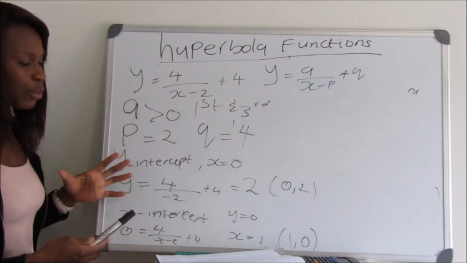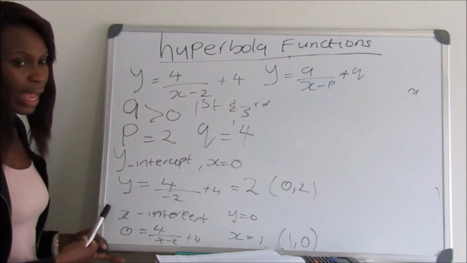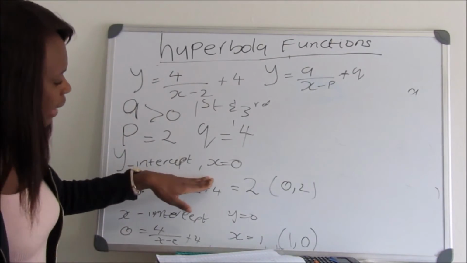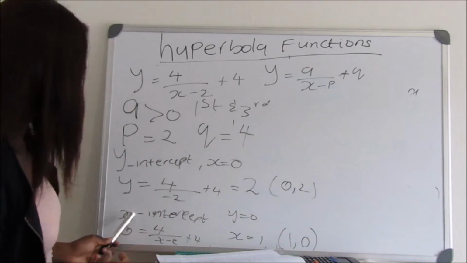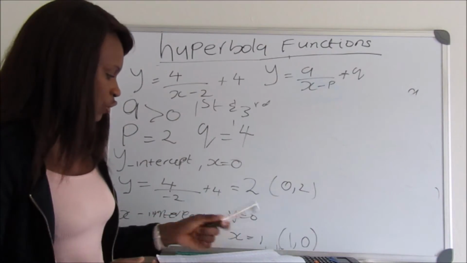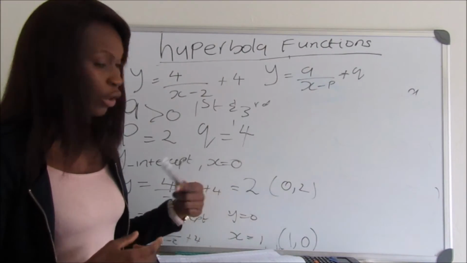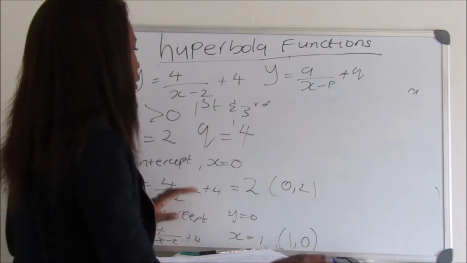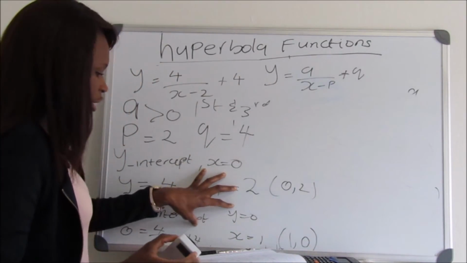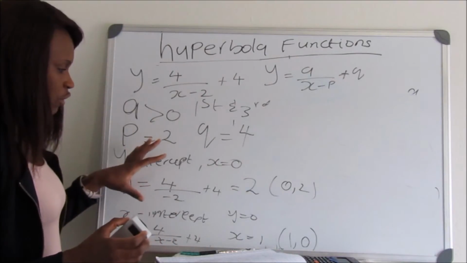Like any other graph, we calculated the y-intercept, which is 2, with coordinate (0, 2), and our x-intercept, x equals 1, with coordinate (1, 0). Now we can draw a graph from what we have before we calculate the axis of symmetry.